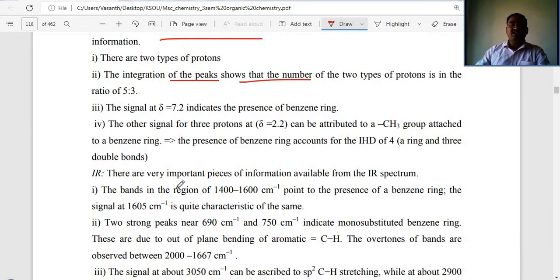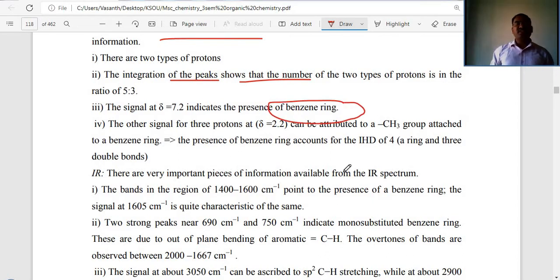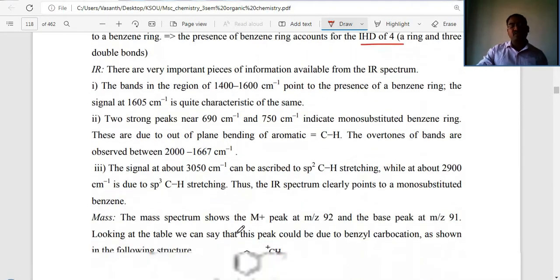The signal at delta 7.2 indicates the presence of a benzene ring. The other signal, for 3 protons at delta 2.2, can be attributed to a CH3 group attached to the benzene ring. The presence of a benzene ring accounts for the IHD of 4.